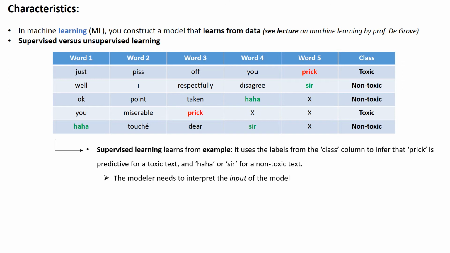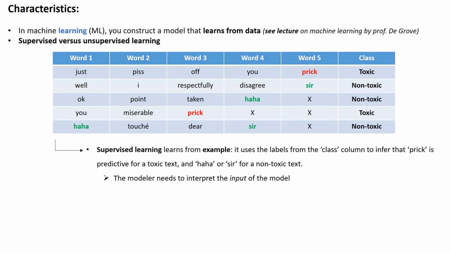And likewise, it will also predict that the words sir and haha only occur when a text is non-toxic. So these words or these features or these tokens, whatever you want to call it, are very predictive for the class non-toxic. And it will just learn from these examples.